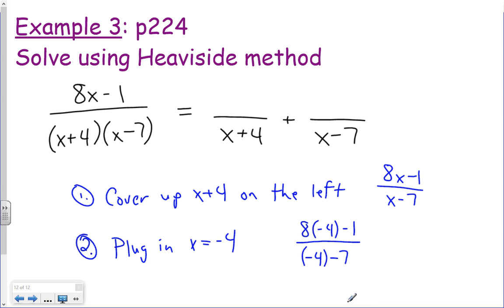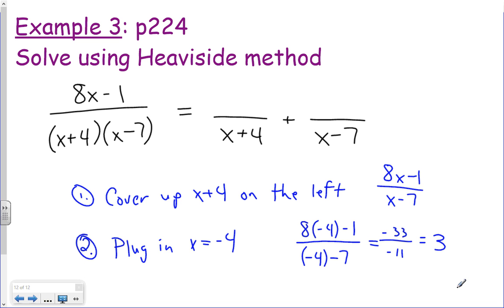Now what does that turn out to be? If I evaluate that, negative 32 minus 1 is negative 33 in the numerator, and negative 4 minus 7 is negative 11 in the denominator. Negative 33 over negative 11 is 3.